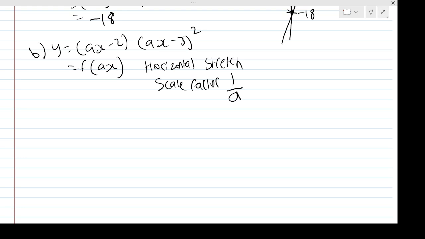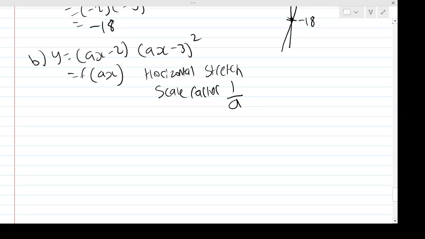Alternatively, and it can be helpful to think of it in terms of this, any coordinate x, y, if the x coordinate is being multiplied by 1 over a, the new coordinates on the graph will be x over a, and y. Because that's saying the x coordinates have been divided by a, and the y value stays the same. That's effectively what's going on.